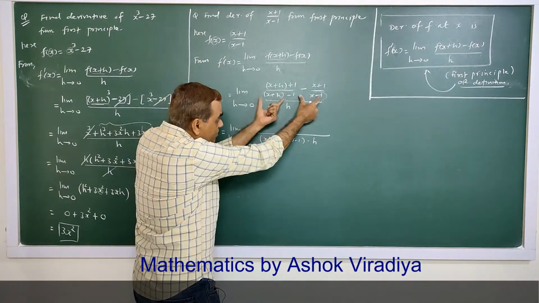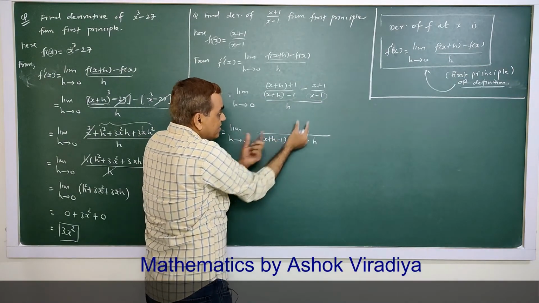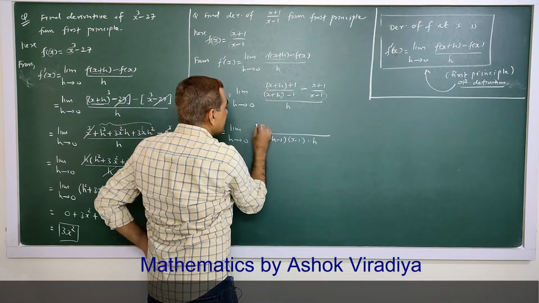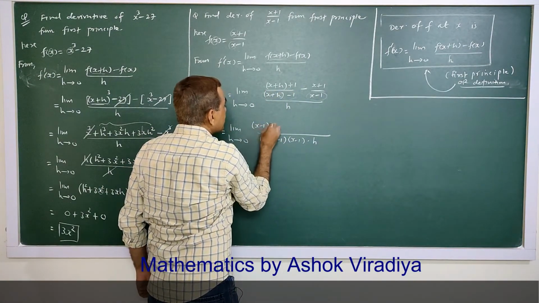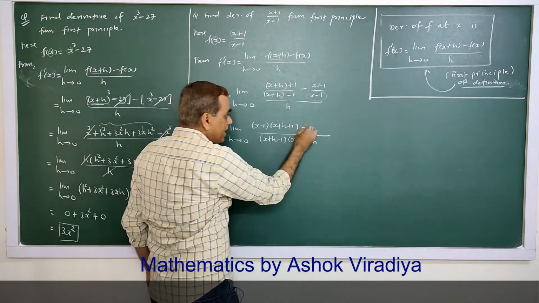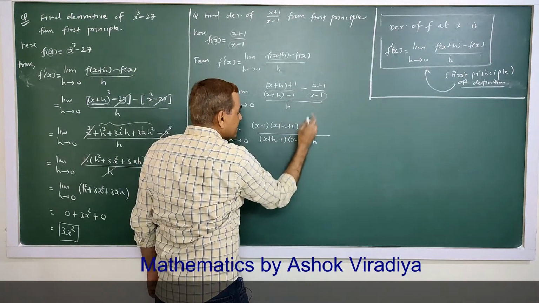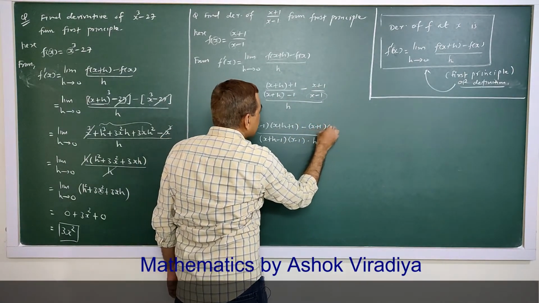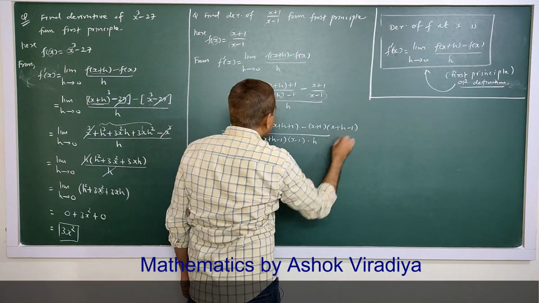LCM of these numbers I am writing in denominator. Now this will be multiplied with this number, so x minus 1 into x plus h plus 1, minus this will be multiplied with x plus 1, so x plus 1 into x plus h minus 1.